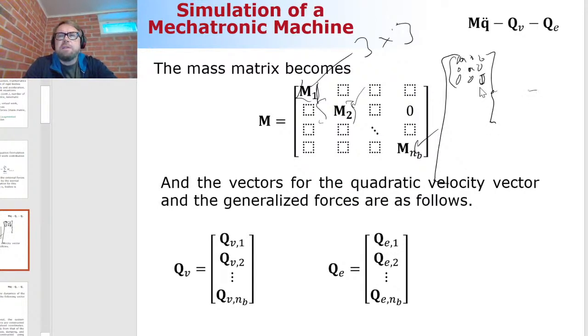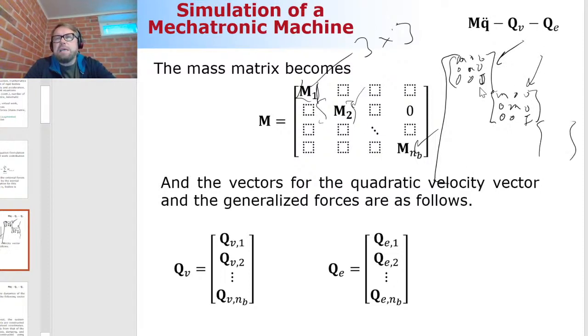Then here is where the second mass matrix is located. So this is my first body, my second body, and then I will go all the way to nb number of bodies. This form is called a block diagonal form.